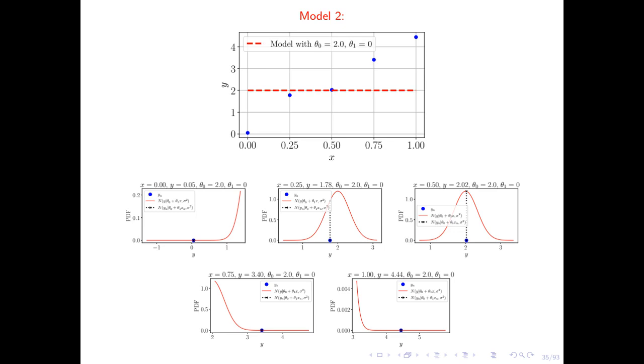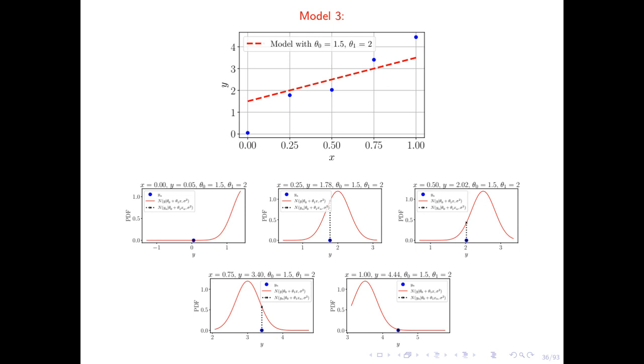This data point is much better. This one is exactly at the center, so we're predicting it very well, but the other ones we're predicting very poorly. So we can already see that the heights of the PDF indicate which models are better when we compare them.